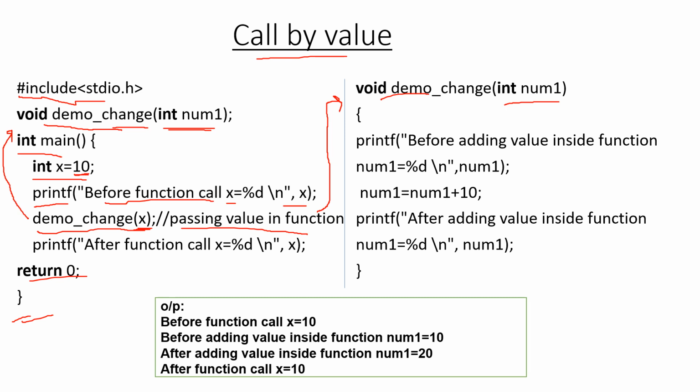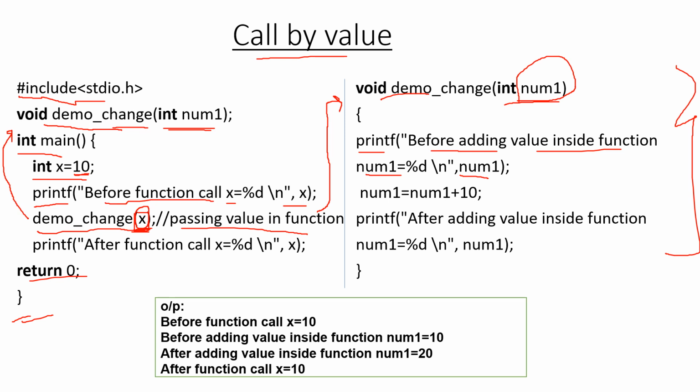The first statement prints the value of my num1 variable before adding a value inside the function. When I call this function, it will implement all the things mentioned here on the actual parameter. So whatever is done to the num1 variable, which is my formal parameter, the same will be implemented on the actual parameter x.